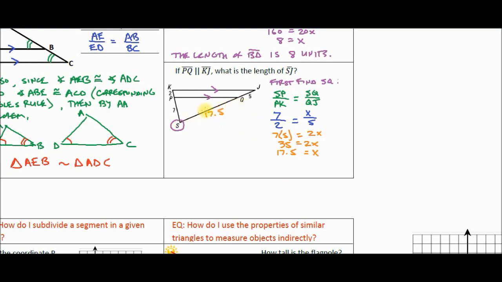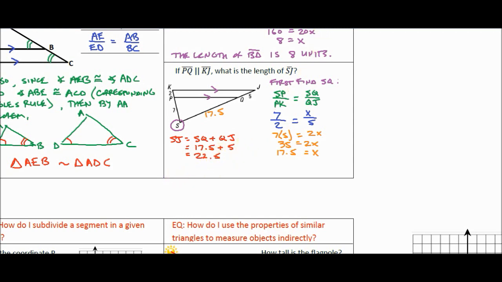So that means SJ, we have to add these two together. So to find SJ, I'll try a different color for this as you wrap this up. SJ is equal to SQ plus QJ. So SJ is equal to 17.5 plus 5. So SJ is equal to 22.5.